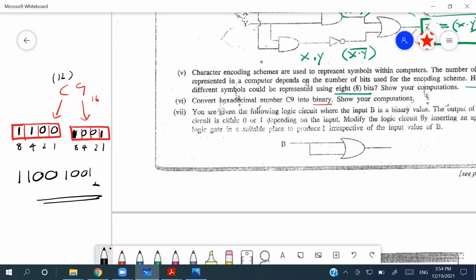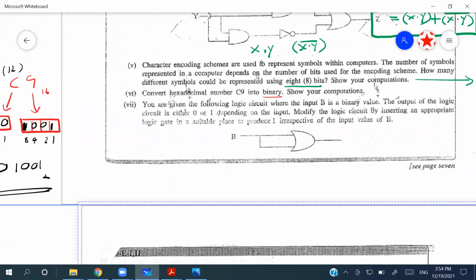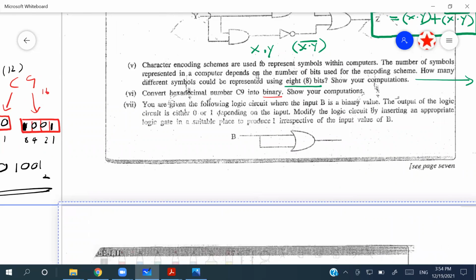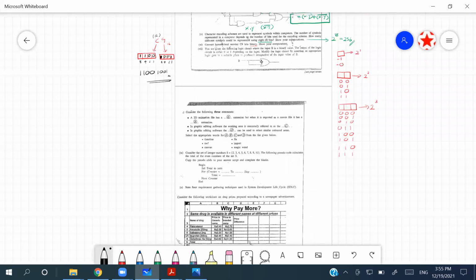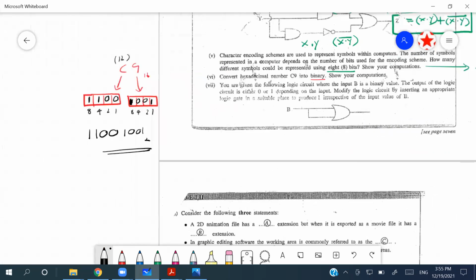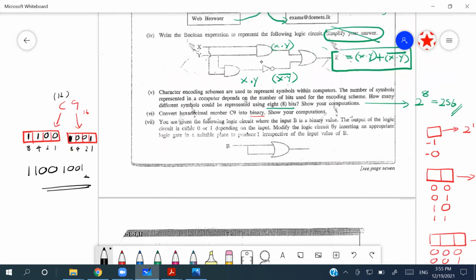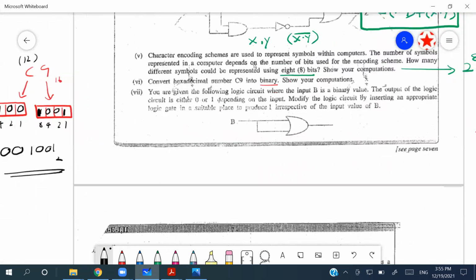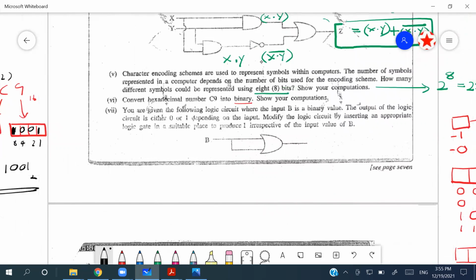So the seventh one that they are asking is, people, if you got any doubts, please ask, right? I'm just doing it with the feeling that you will ask something if you are stuck with any particular question. So the seventh one, it is asking, you have been given the following logic circuit where the input B is a binary value.